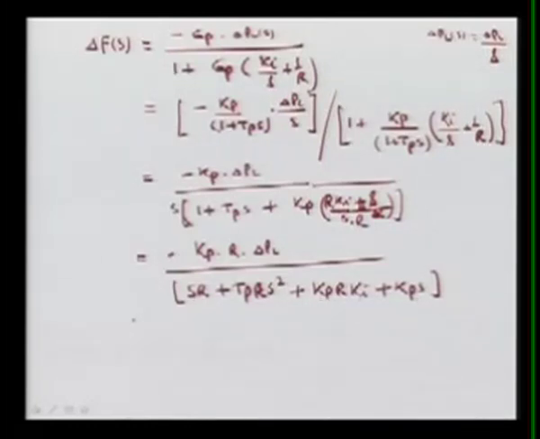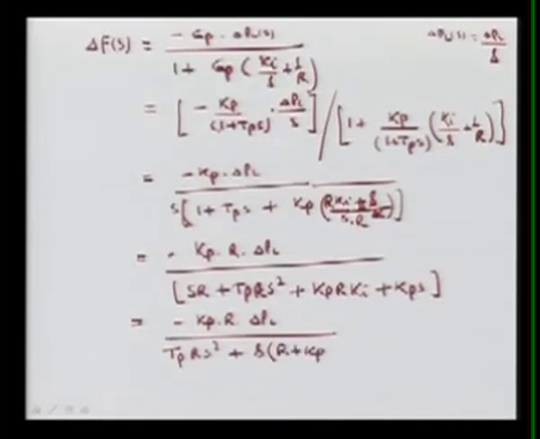Again we can simplify this and get minus Kp into R into change in PL over TpR S square plus, in the S domain, R plus Kp S, and some constant, that is Kp R into Ki.